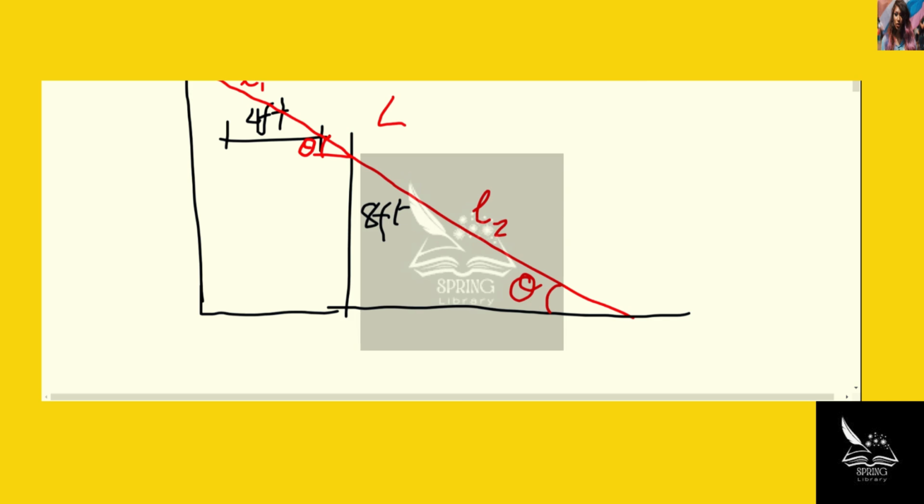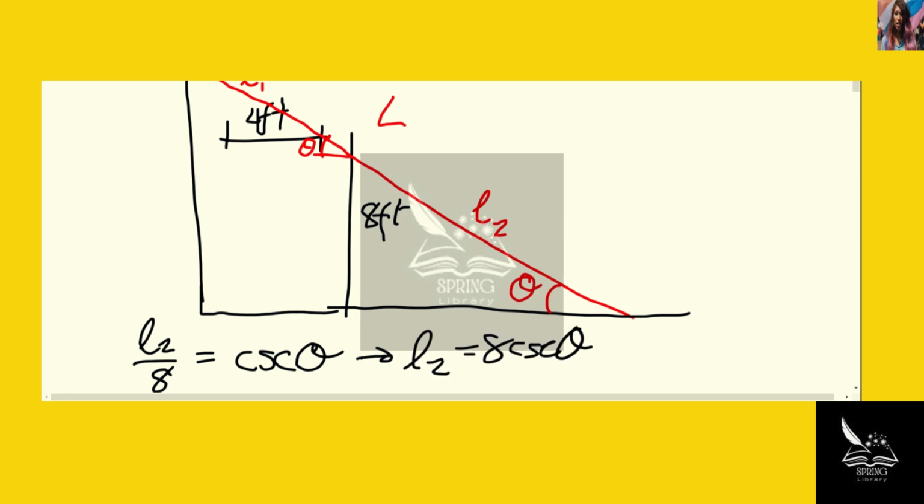Now we know that L2 over 8 is equal to cosecant of theta. And so solving for L2, we have L2 equals 8 cosecant theta.